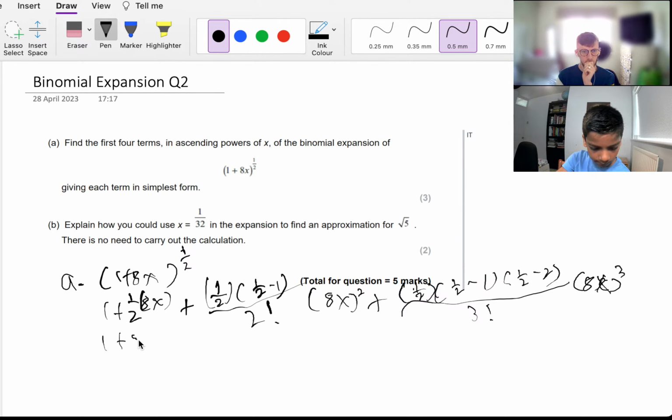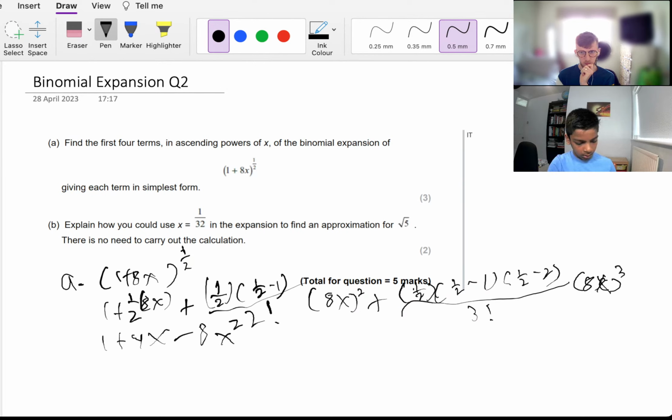So that's the same as 1 plus 4x plus, a half times minus a half, that's minus a quarter, and divided by 2, that's minus an eighth. Minus an eighth times 64 is minus 8x squared.